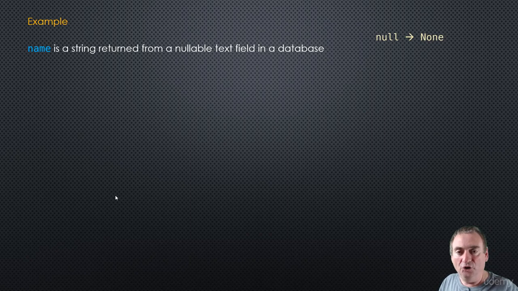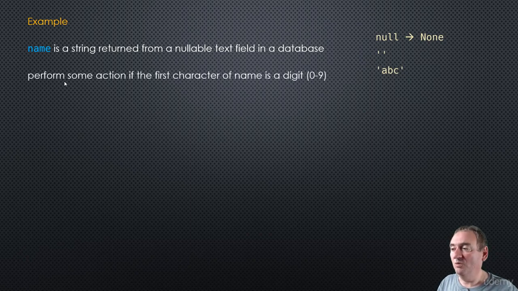But typically, null in the database translates back to a None object in Python. Or it could be just an empty string. It's okay to have an empty string in a text field in a database. It's not the same thing as null though, right? None and empty string are not the same thing. Or it could actually contain characters. So those are the 3 possible states of name.